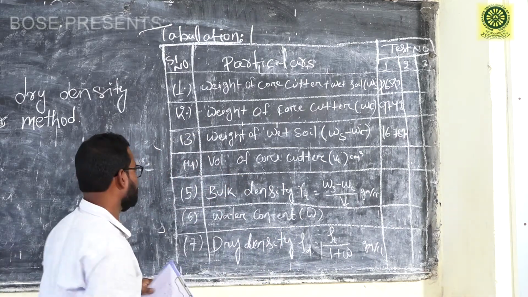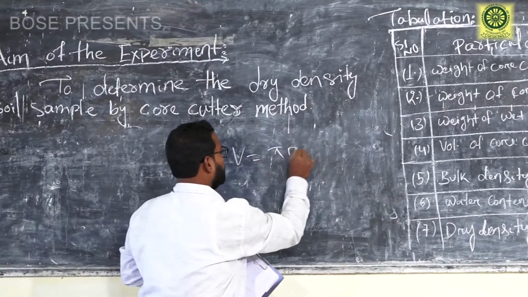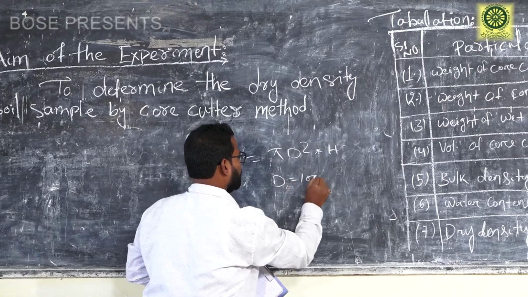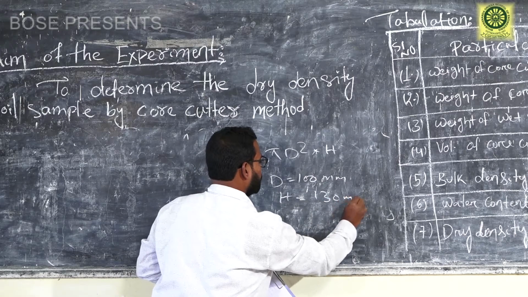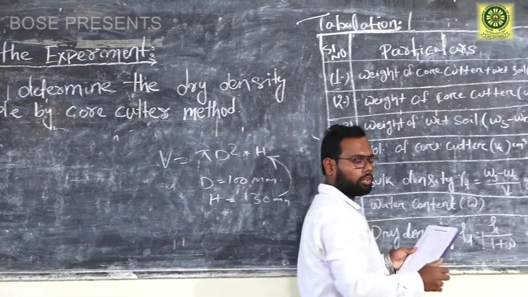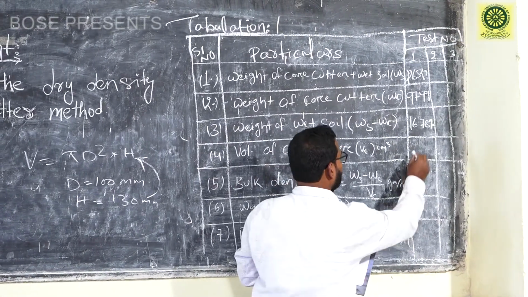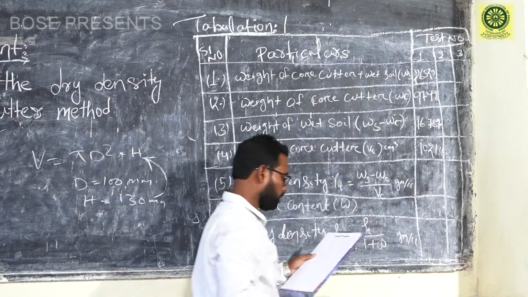Now the volume of the core cutter. The volume of the core cutter can be determined by pi d square into height divided by 4, where d is equal to 100 mm and h is 130 mm. If we put these values in, we can easily find the volume of the core cutter, which comes out to 1021 cc, that is cubic centimeter.